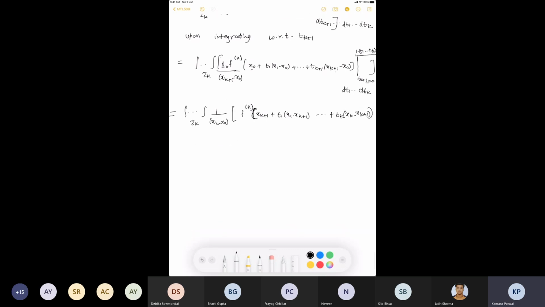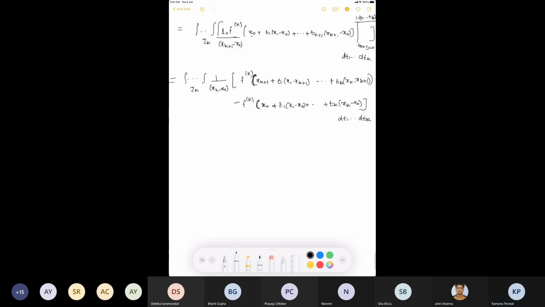Okay, and now minus, when I will substitute tk plus 1 is equal to 0, I will get this as fk of x naught plus t1 x1 minus x naught, and the last term is going to be xk minus x naught times dt1 up to dtk. Right?